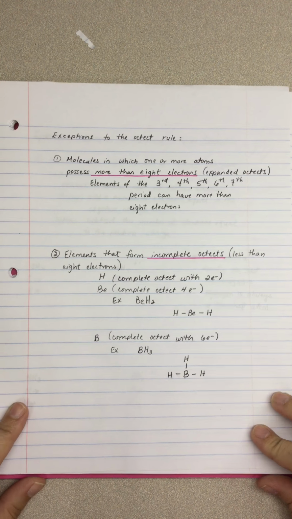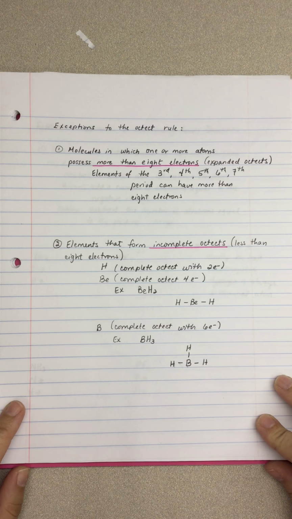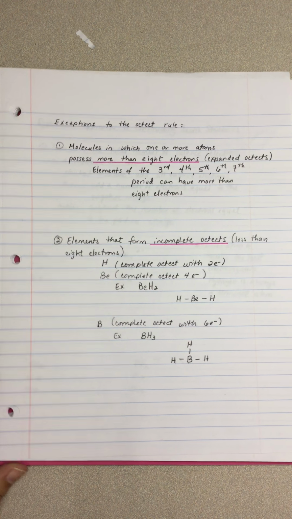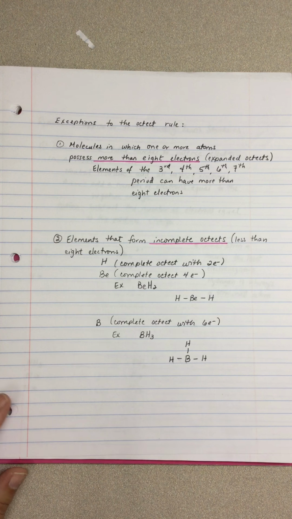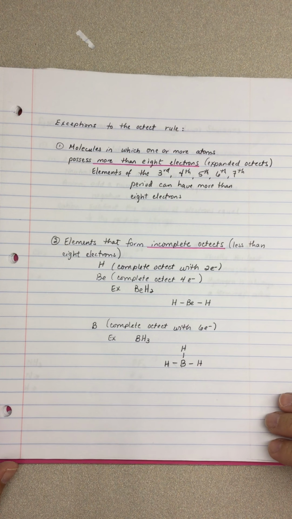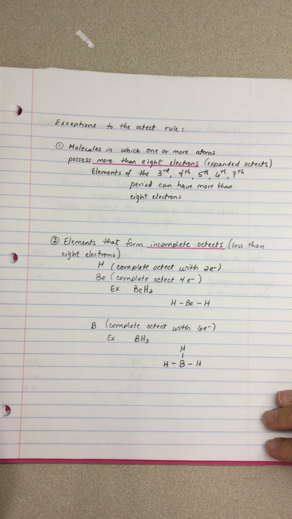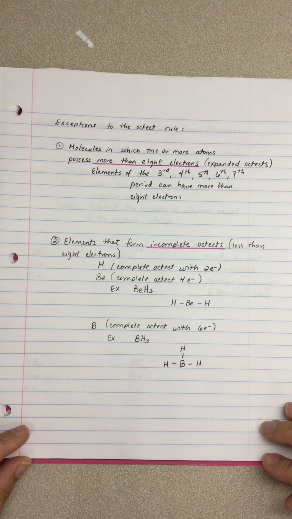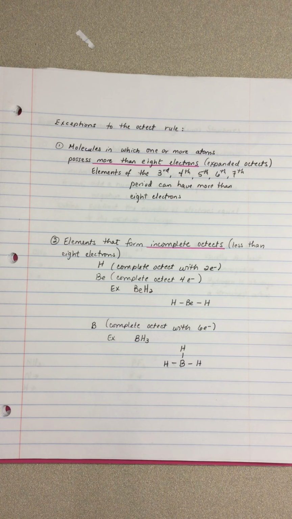So we have the octet rule, which is telling us that everything in the periodic table wants to have an octet, or 8 valence electrons, or to have 8 electrons in that highest energy level. But there's always exceptions to every rule, and we have elements that can actually have more than 8 electrons around.